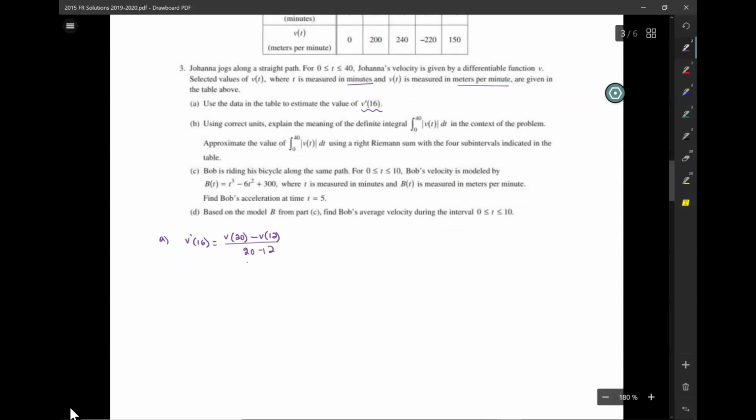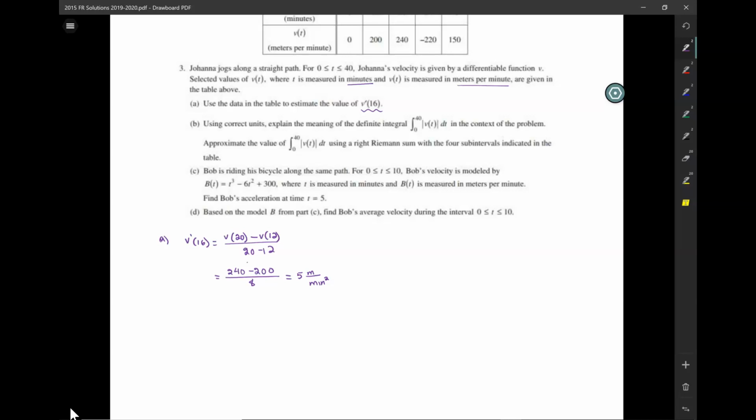Then put in your numbers. This is a non-calculator section, so you have to do this anyway. And then that's 5 meters per minute squared. This is meters per minute divided by minutes, meters per minute squared.